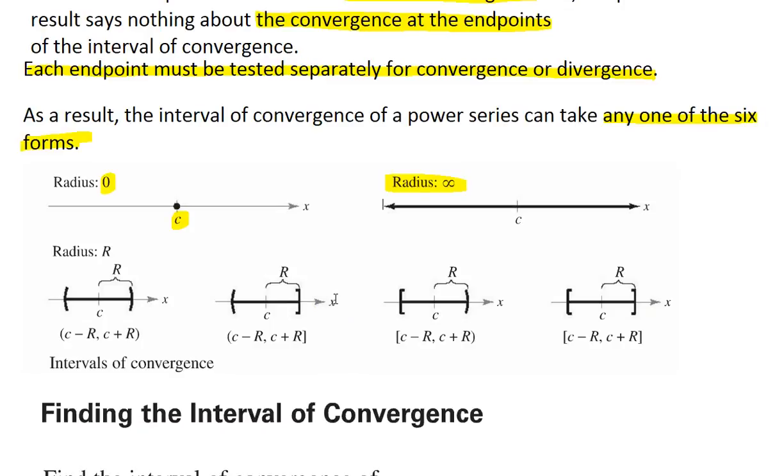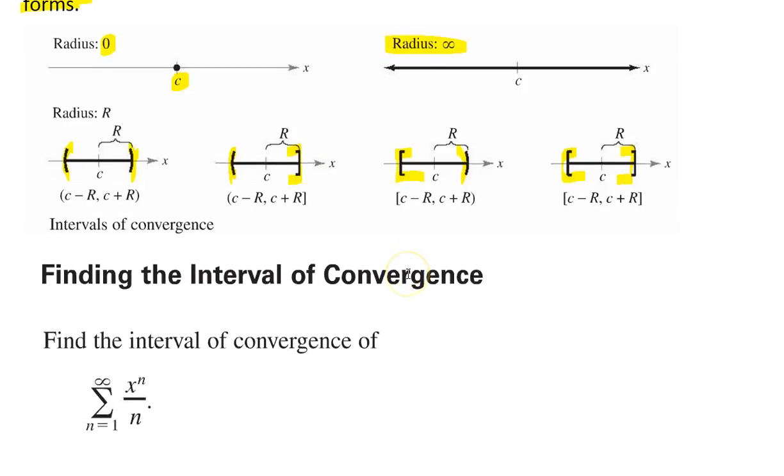Or it could be that the series is convergent on an interval of x values. It could be open and open, open and closed, closed and open, or closed and closed. You see what I mean? So it could be an open interval, half open, half closed, or a closed interval. So the interval of convergence can take any one of these 6 forms.